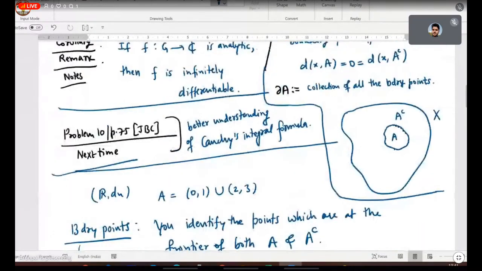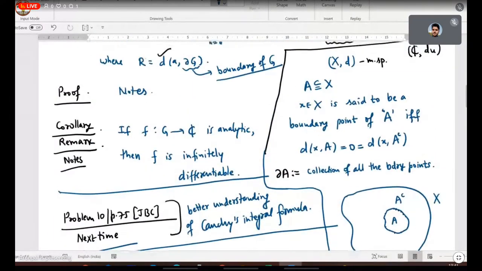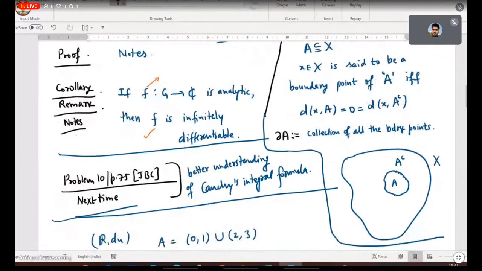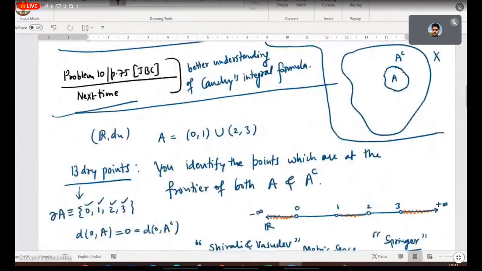If f is analytic, then f is infinitely differentiable, and you are getting this infinite differentiability because you could write f as a polynomial of infinite degree, and because you could differentiate that an infinite number of times, you get the infinite times differentiability of the function f.